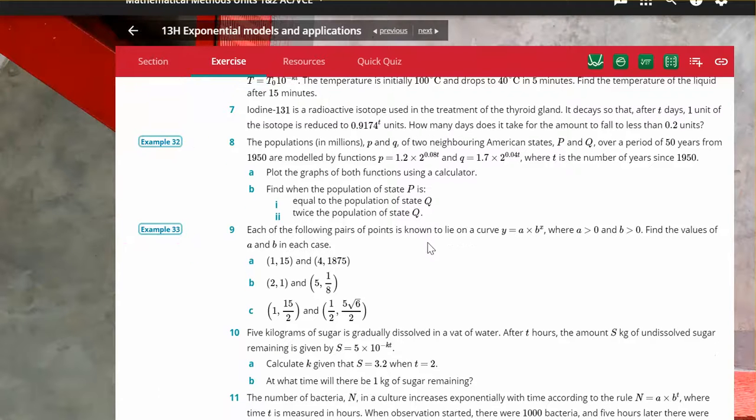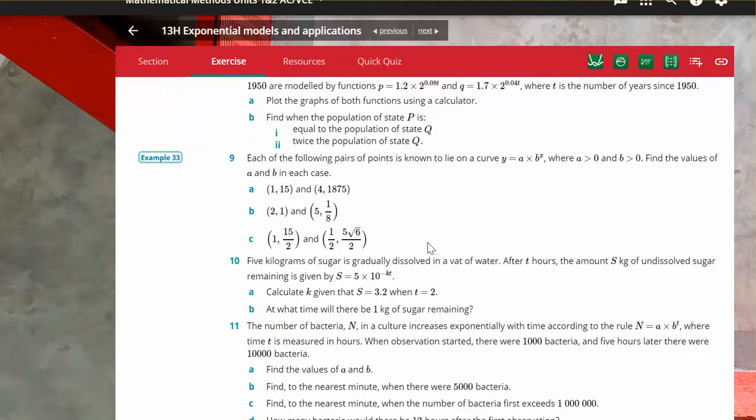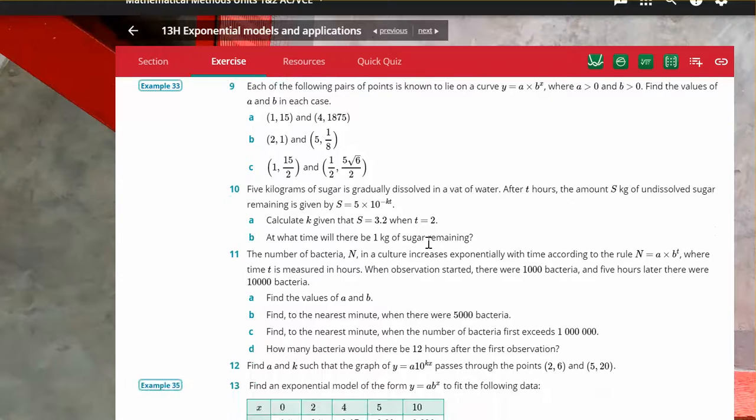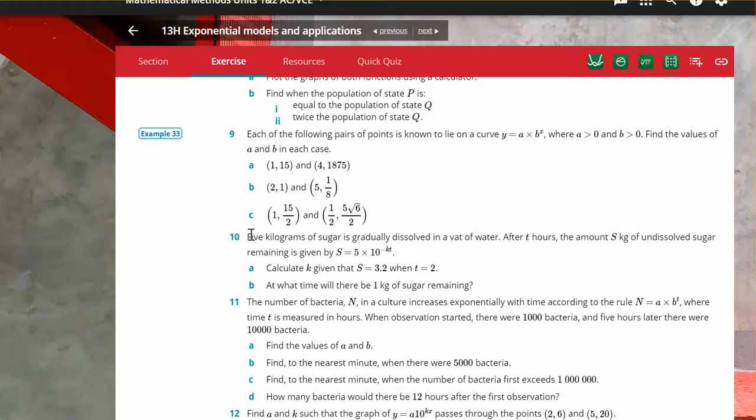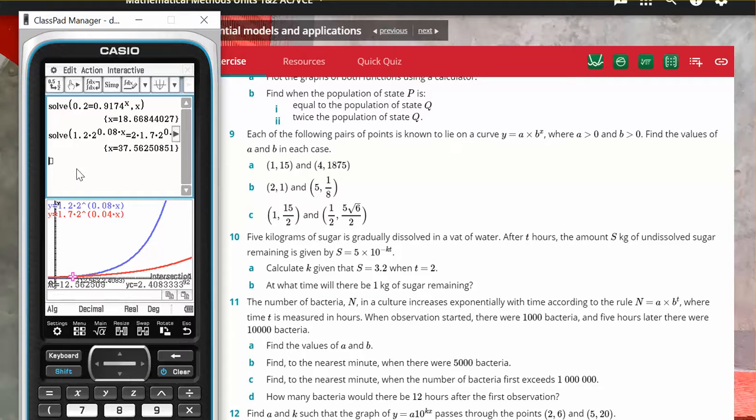Let's go to the next question. Question 10. So we've got 5 kilograms of sugar dissolved in water after 2 hours. The amount of S kilograms of sugar dissolved is given by this. Okay, great. That makes sense because initially it's 5. That's why the 5 is there. We're wanting to find what K equals. So just sub in what you know and solve for the unknown. We know S is 3.2 when T equals 2.